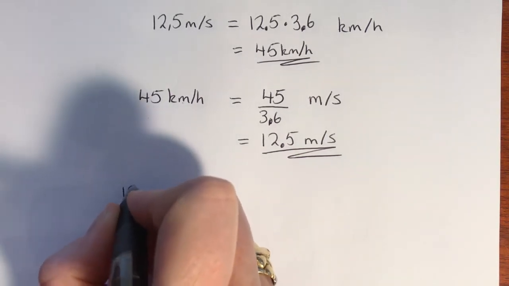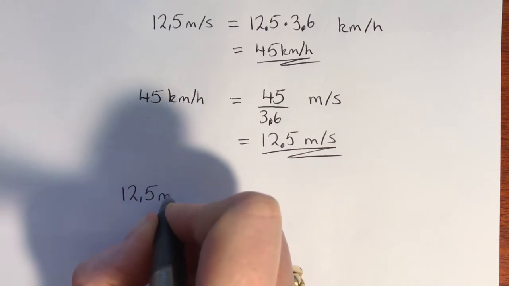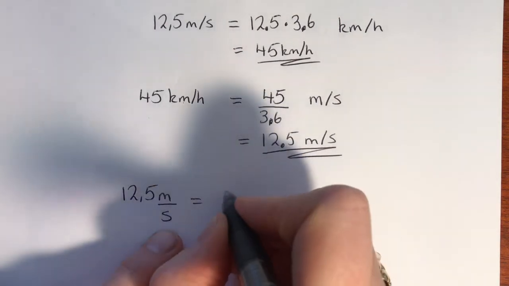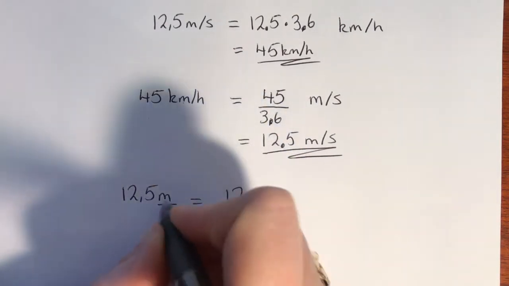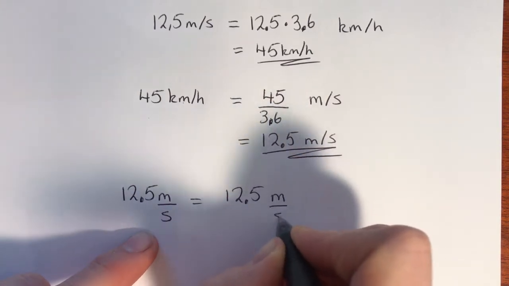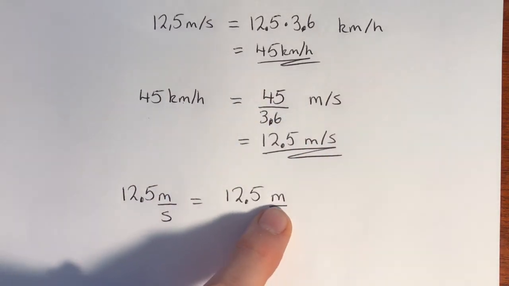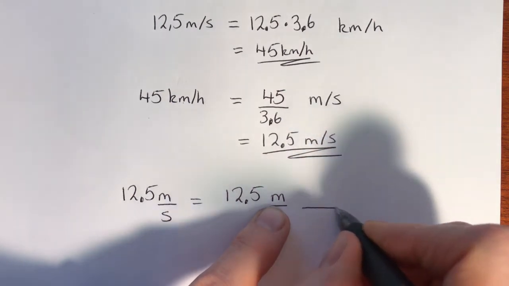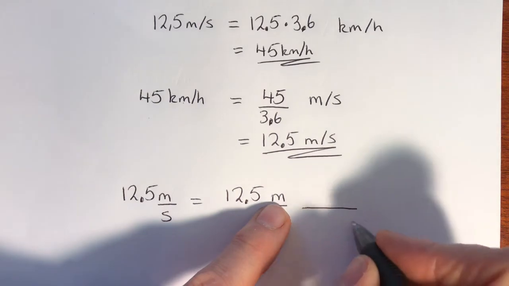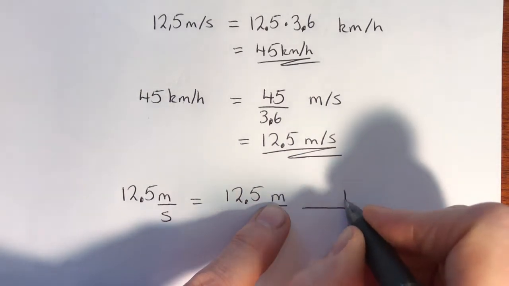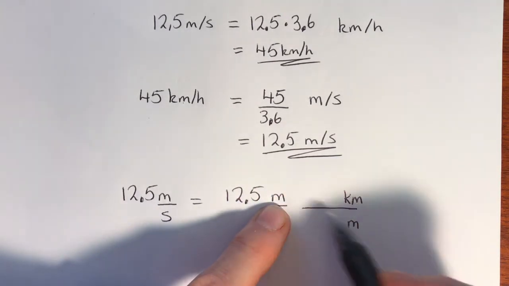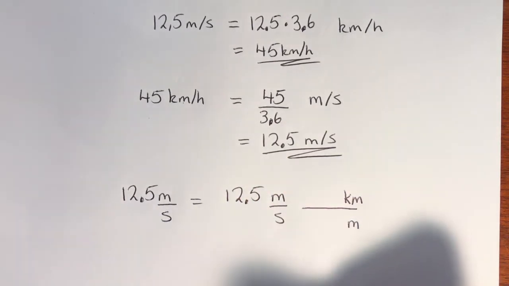So 12.5 meters per second, that's the same as 12.5 meters per second. We don't want meters here, we actually want kilometers. So how can I get rid of the meter here? Well, if I divide by meter and at the same time multiply by kilometer, I'll be able to get rid of meter, because meter divided by meter is 1.